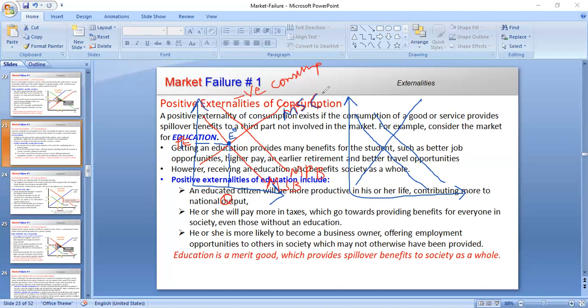We can call this one P naught as the optimal price, corresponding with the optimal quantity of pollution, which is Q naught.